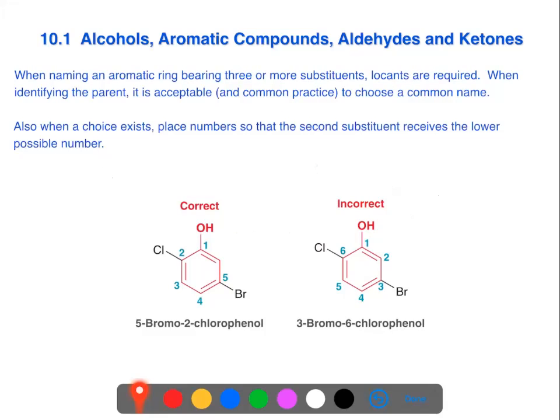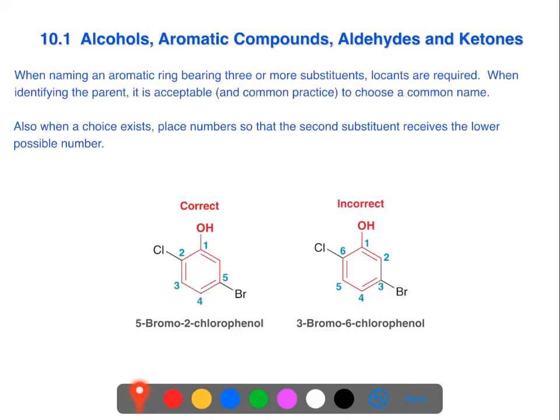Now, when naming an aromatic ring like benzene that bears 3 or more substituents, we can't use those same descriptors. We can't use ortho, meta, para. They only relate to di-substituted systems. So when identifying the parent, it is acceptable and common practice to choose the common name first. So you identify the common name before identifying the substituents. In this example, we have phenol as our parent benzene derivative, and we have 2 substituents: a chloro group and a bromo group.